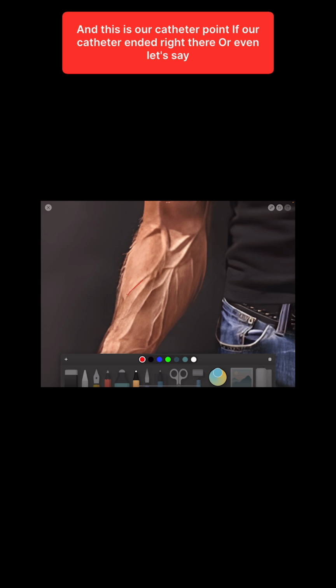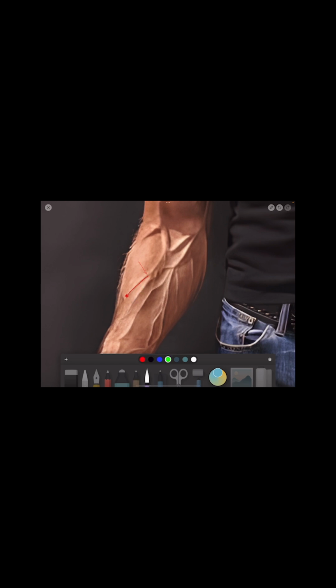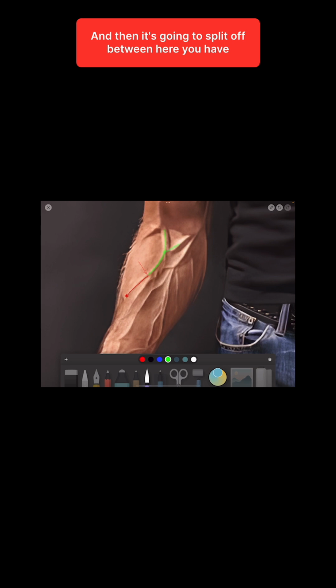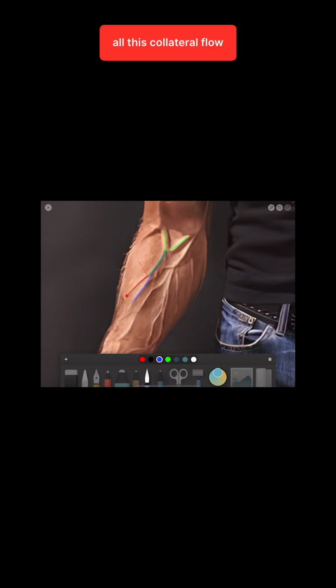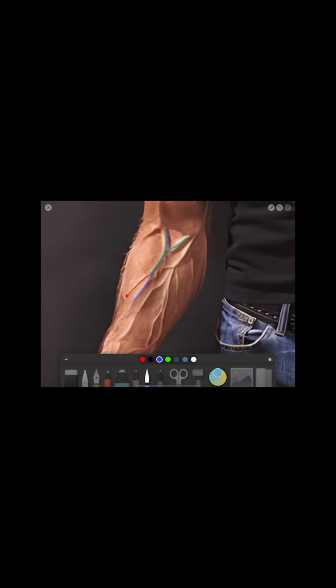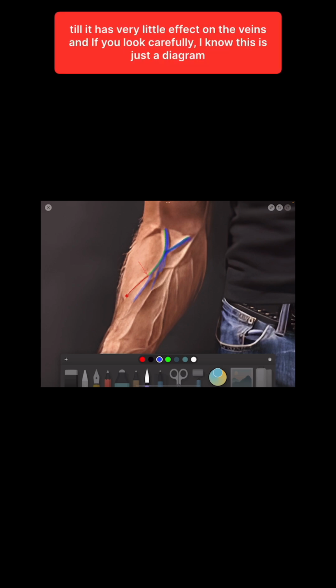If our catheter ended right there, or even let's say right about here, at that point, the blood flow from, let's say the medication is going in from here, and then it's going to split off between here. You have all this collateral flow diluting that medication till it has very little effect on the veins.